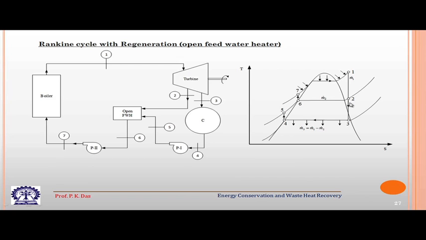At lower pressure, when the work producing potential, we can also call it exergy, of the steam has reduced, then part of that low exergy steam we are using for heating the water. So, thermodynamically this is a very good arrangement to get the most out of the energy which we have taken from a high temperature source or combustion.